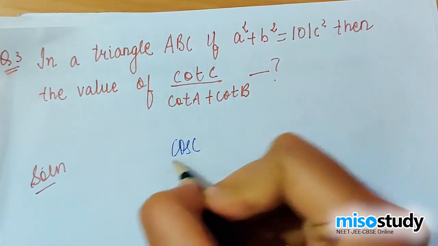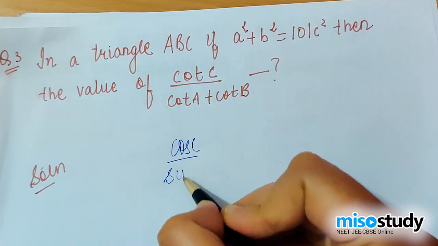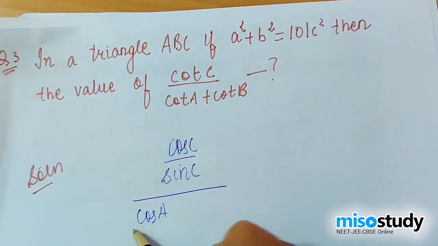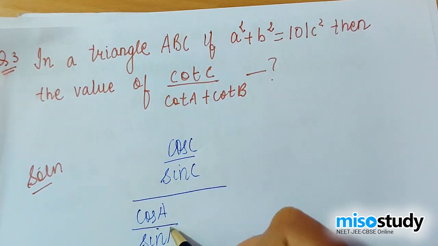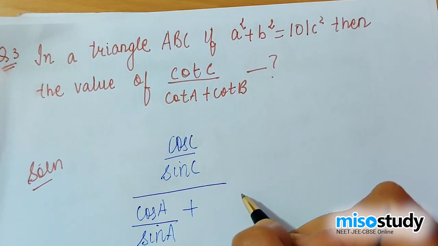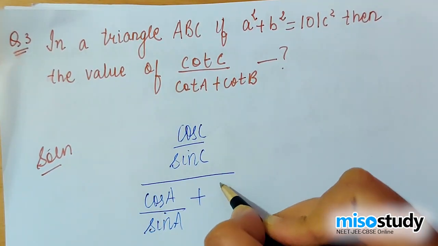So this would be cos C upon sin C, cos A upon sin A, applying a very simple, very basic formula of trigonometry.